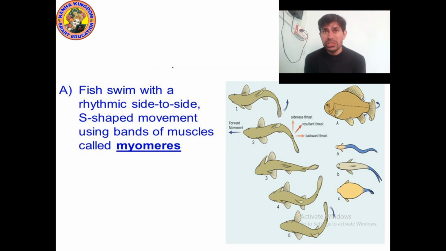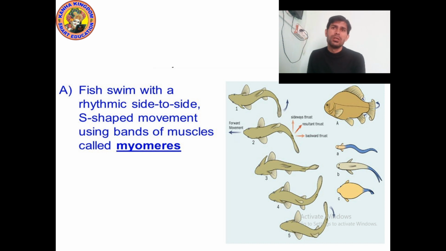So whenever the fish swims, it moves in a rhythmic movement side to side. It uses this movement to bend its muscles. These muscles are known as myomeres, which help them to push against the incompressible water. Yes, fish move through the water using their fins and body walls to push against the incompressible water.